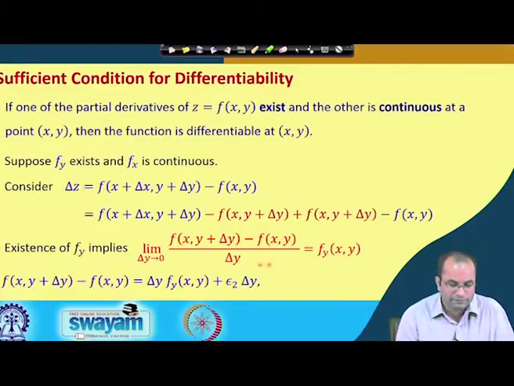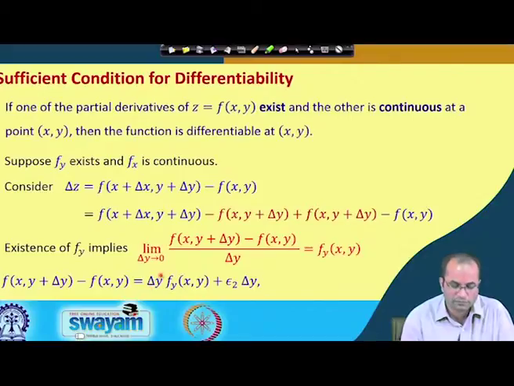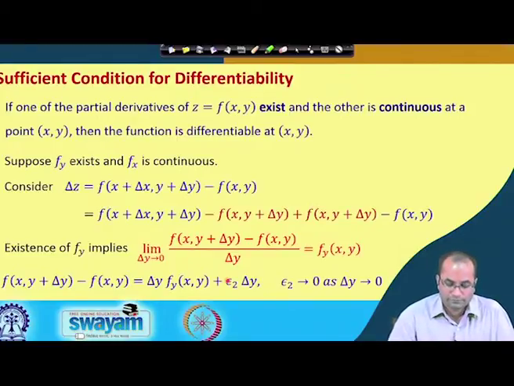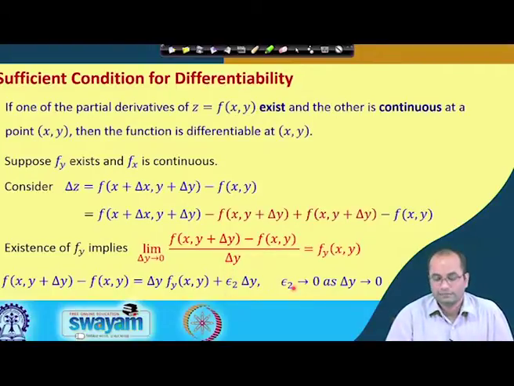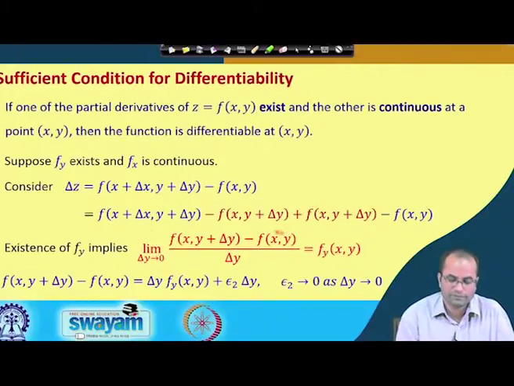So, we get f(x, y plus delta y) minus f(x, y) is equal to delta y times f_y(x, y) plus this epsilon 2 which we have introduced, times delta y. And note that this epsilon 2 must go to 0 as delta y goes to 0. This is the condition because of this limit we have observed.